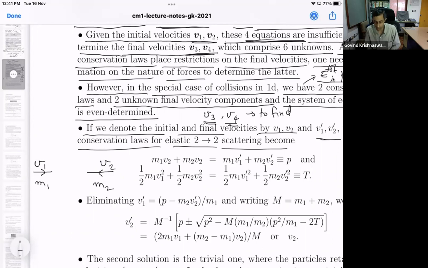They may have some force between them, and may not come into contact. They may arrive at some point of closest approach and then turn back, with velocities v2 prime and v1 prime. The masses are retained. So this would be one possible collision.